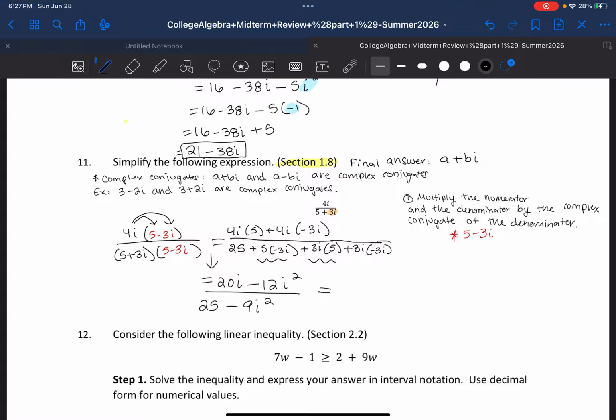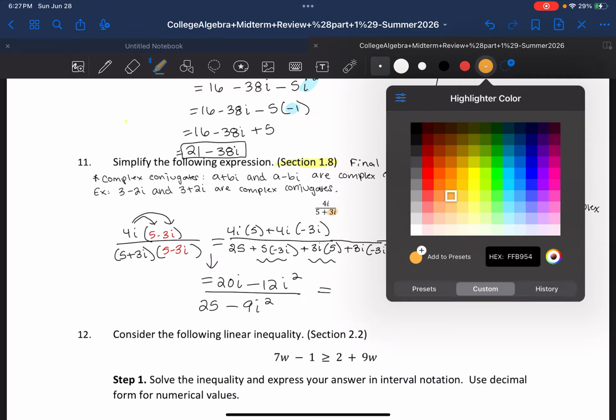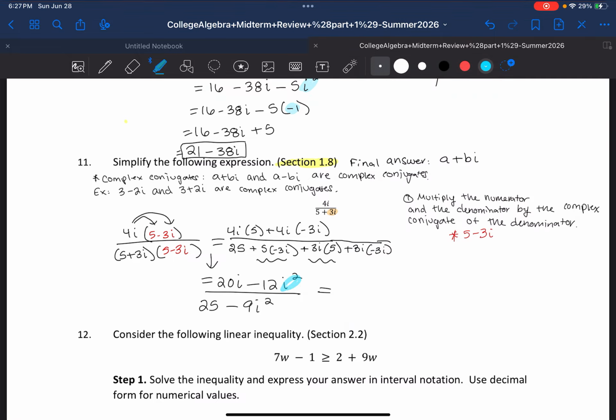So now we will replace the i squareds with the -1, because that's what it's equal to. So this will be 20i plus 12, because -12 times -1, I'll just go ahead and write that step out.